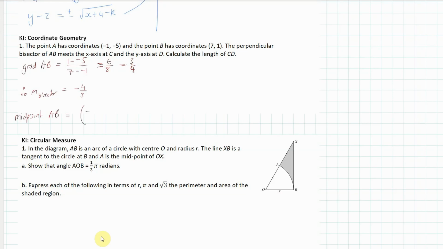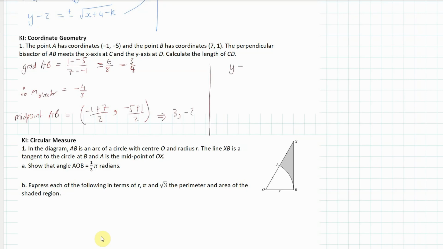And we just add the x values together, divide by 2, add the y values together, divide by 2, and so that gives us 3, comma negative 2.